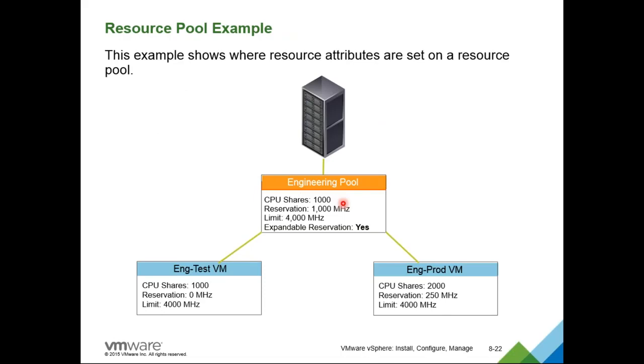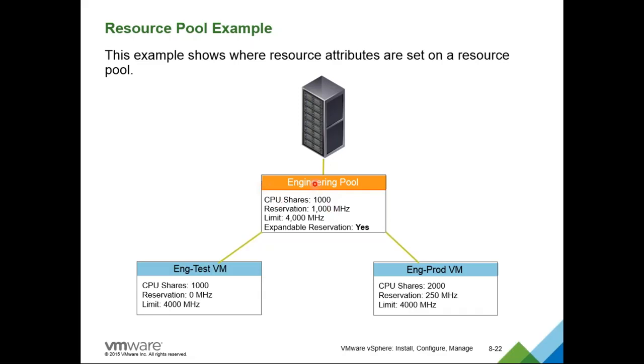So the same content, whatever slide is there above, is segregated here. So, resource pool example. This example shows where resource attributes are set on a resource pool. So I have the bare metal here, or I can say ESXi hardware here.